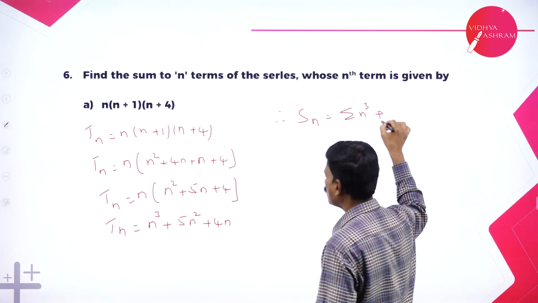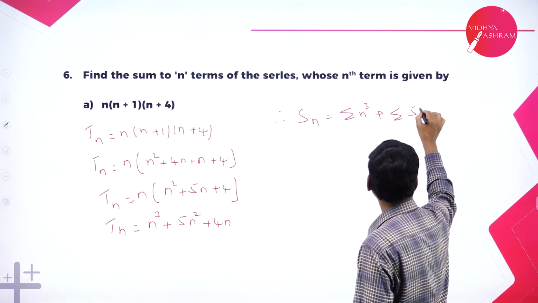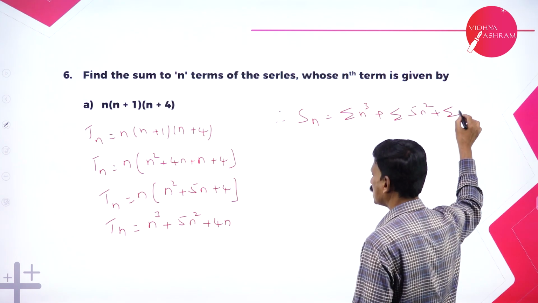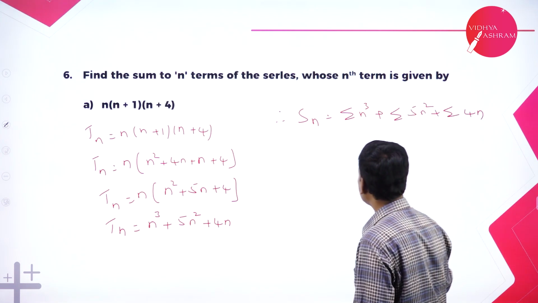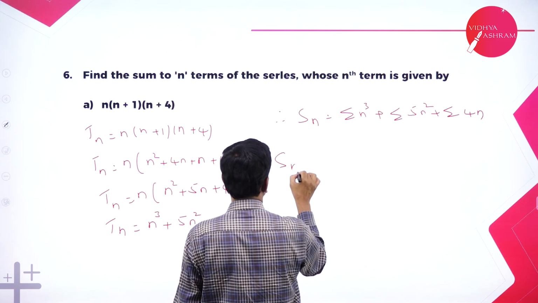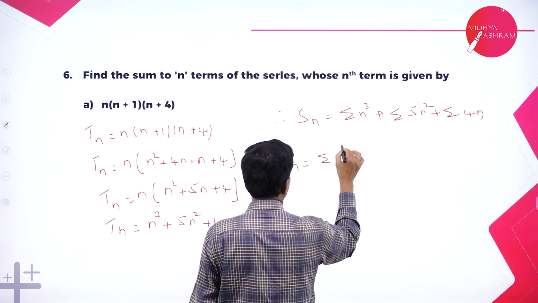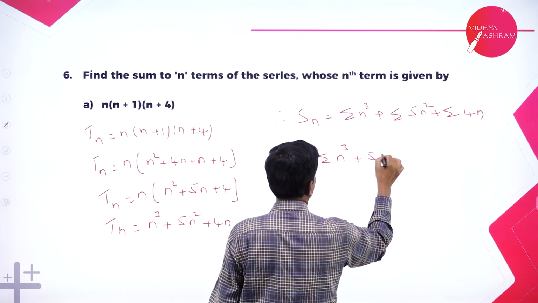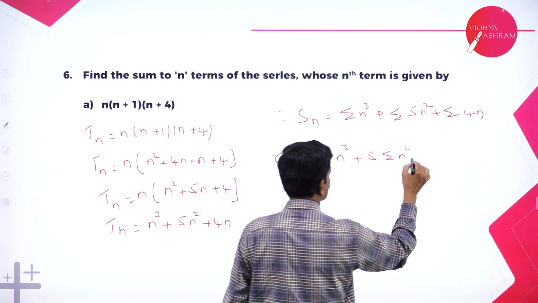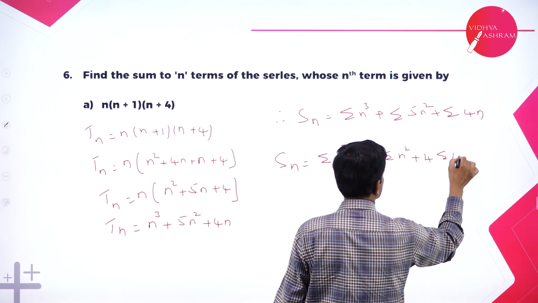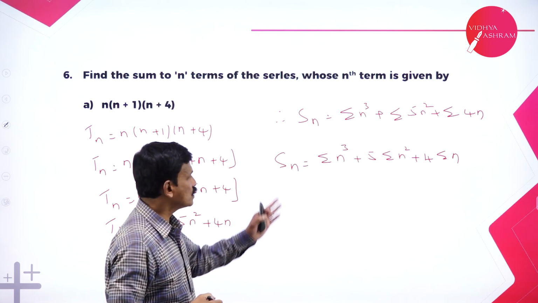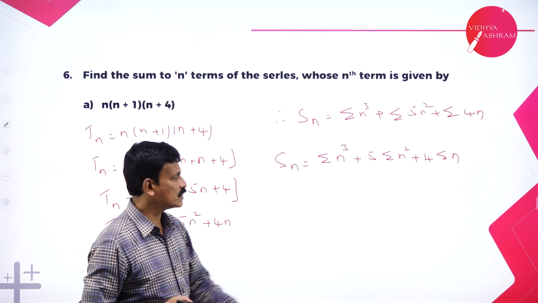sigma n cube plus sigma 5n square plus sigma 4n. So therefore this Sn can be written as sigma n cube plus 5 into sigma n square plus 4 into sigma n. Now just substitute the values of sigma n cube, sigma n square and sigma n.